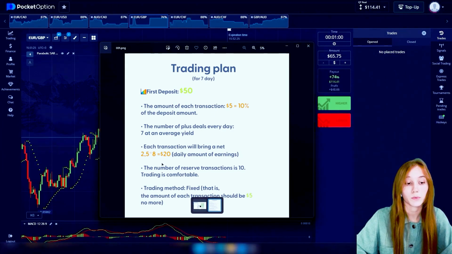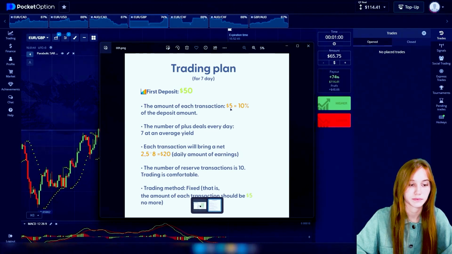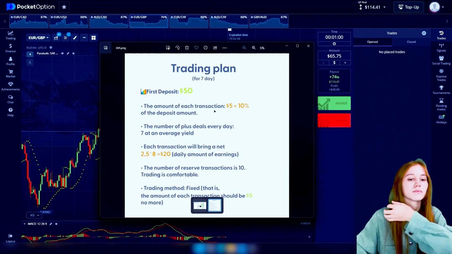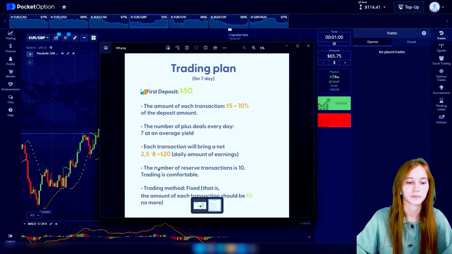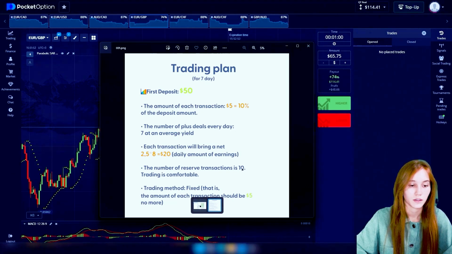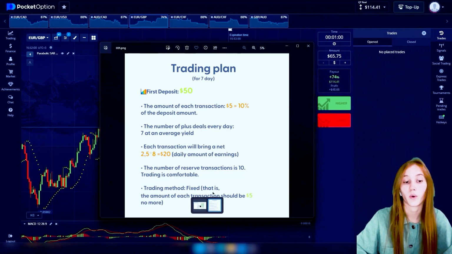If you want to understand more, the first deposit amount should not be $50, it should be in bigger amounts. And by that you'll increase your balance. So it's a fixed method of trade. Each deal should be no more than $5 to clearly understand your trading plan.